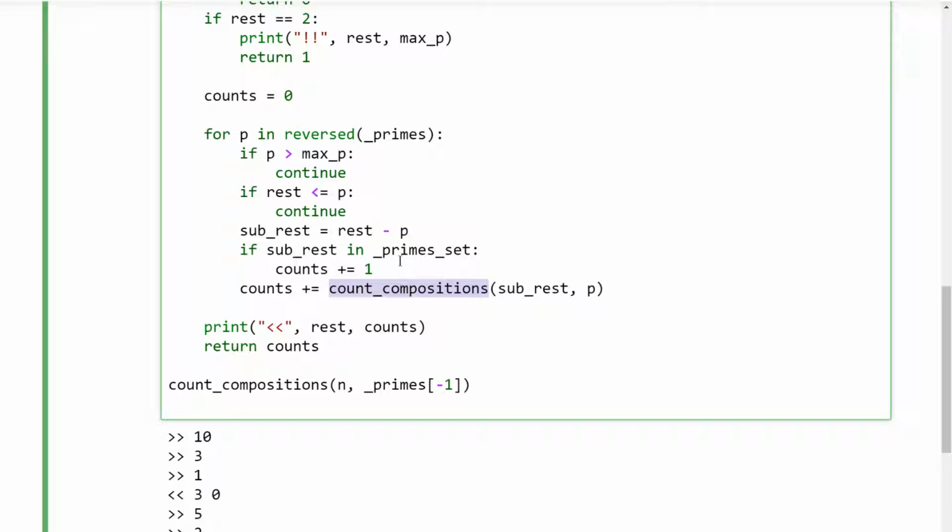Well, how many ways to split this up using certain chunks? Using chunk of this length, chunk of that length, and so forth. So I divide this by this, and then I get a rest.